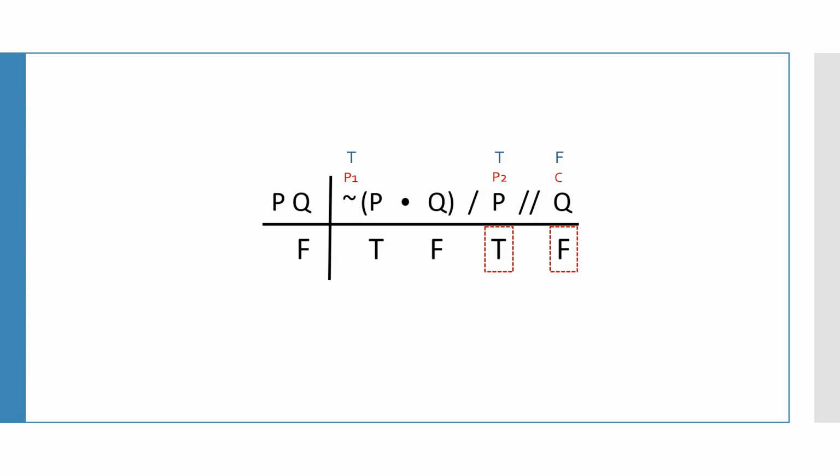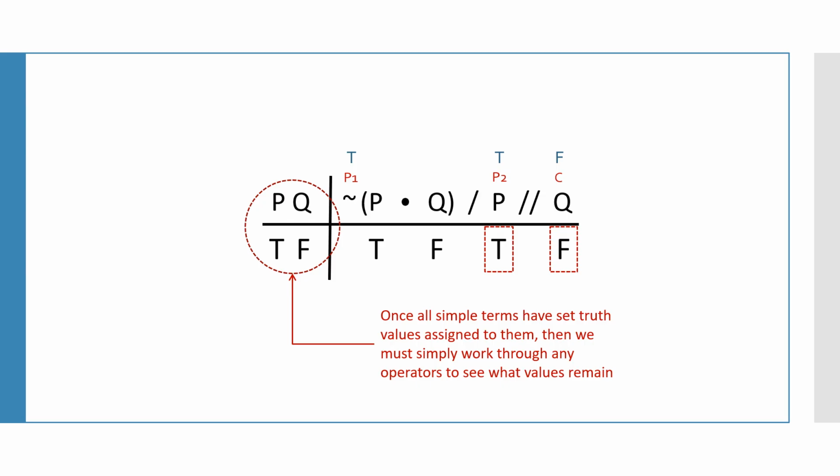So at this point, you just want to backfill for every single variable that is P and simply put true underneath it. And of course, you want to put P in the left-hand column, since we know what the truth value of P would have to be in order to accomplish this. And notice what's happened here. Once I've assigned all of my simple terms truth values, then we just have to go back to the original argument and work through every single operator to see what happens as a result.